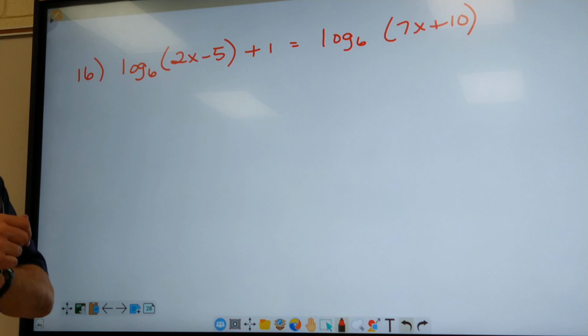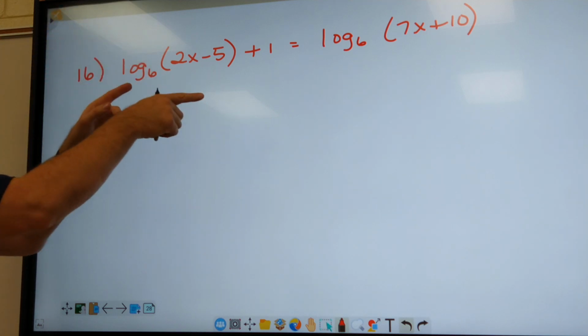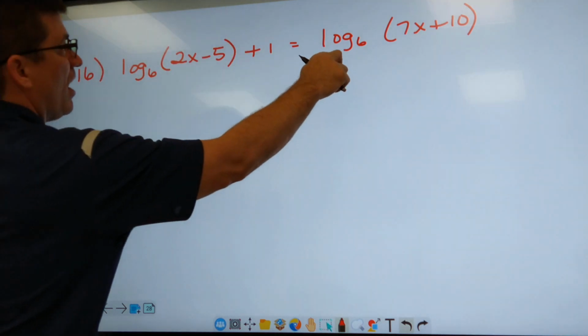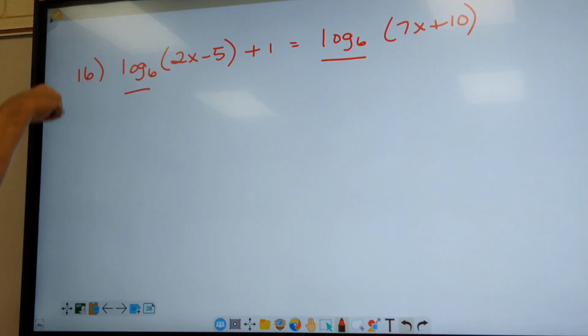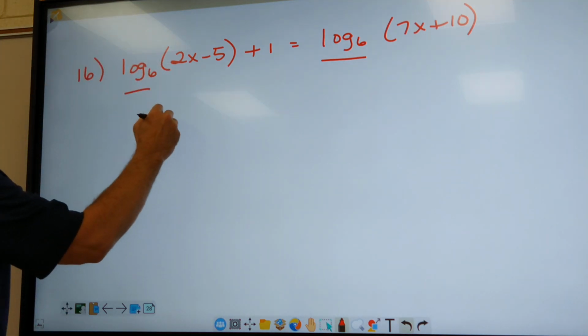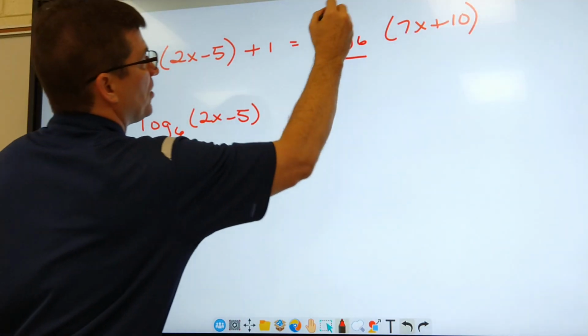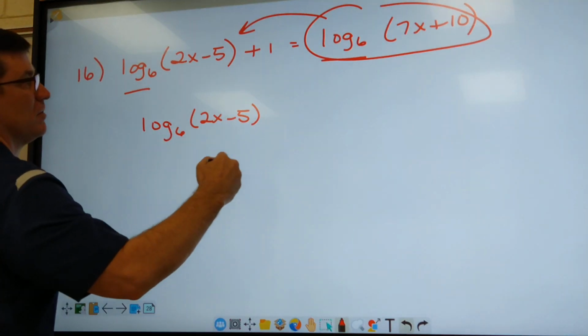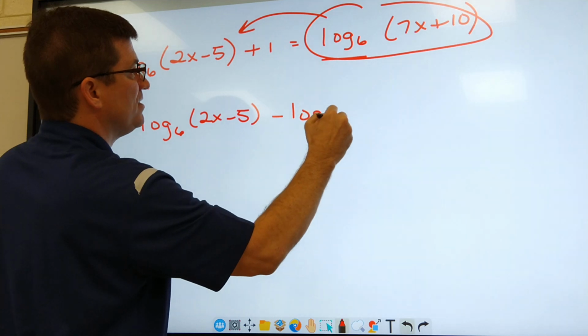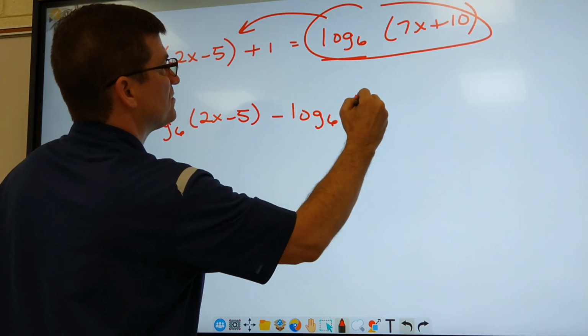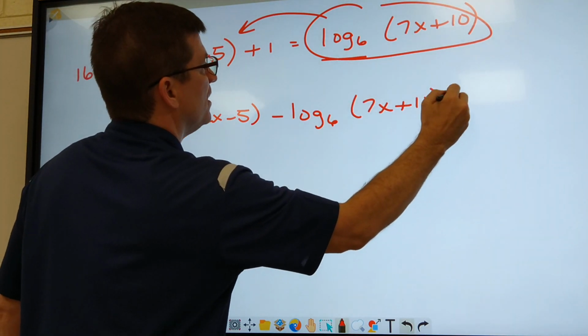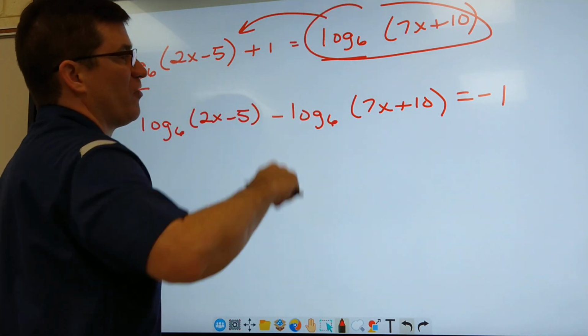So what we have to do first, when it's written like this, Drew, everything with a log, which is this one and this one, has to be on the left side. So that would be log base 6 of 2x minus 5. I'm going to bring this one over, which makes it minus log base 6, 7x plus 10 equals negative 1. I moved my 1 over, made it negative 1.